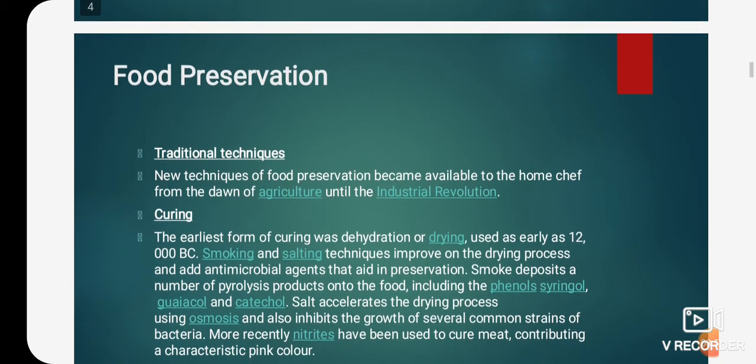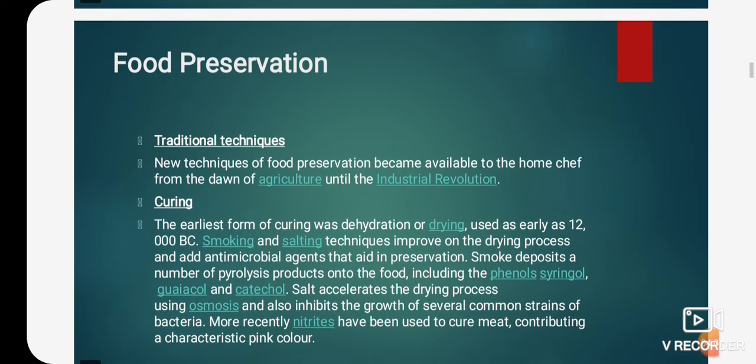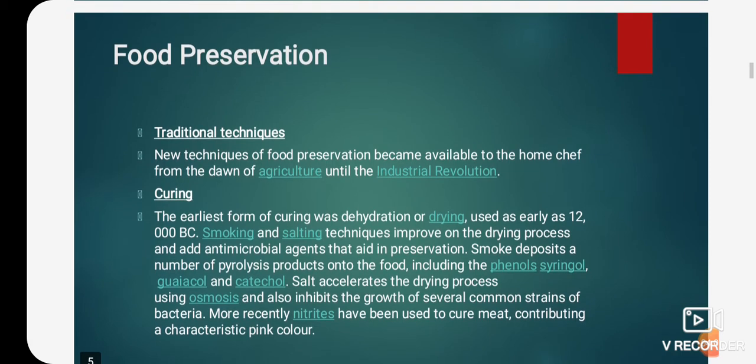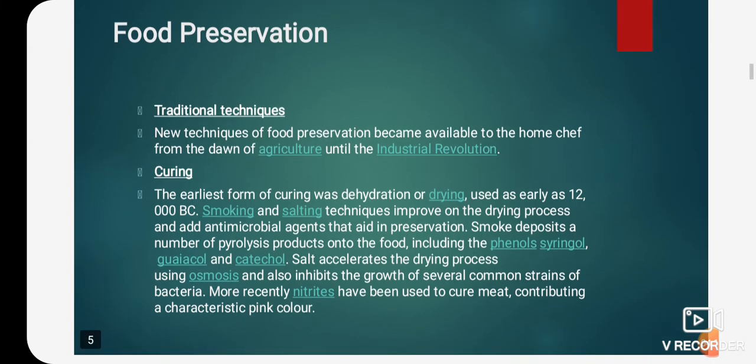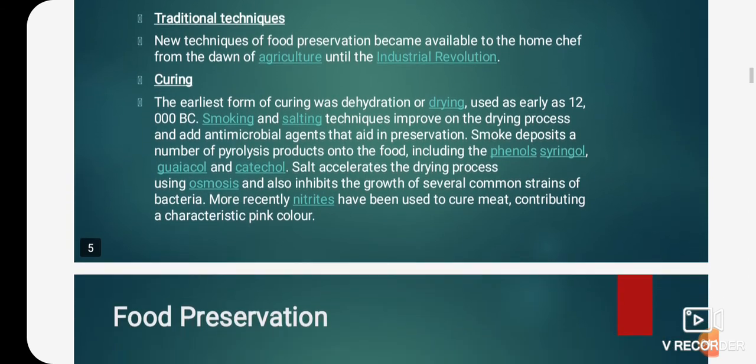Salt accelerates the drying process using osmosis and also inhibits the growth of several common strains of bacteria. More recently, nitrites have been used to cure meat, contributing a characteristic pink color.